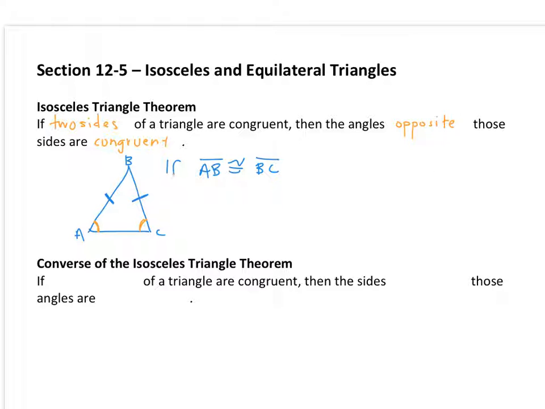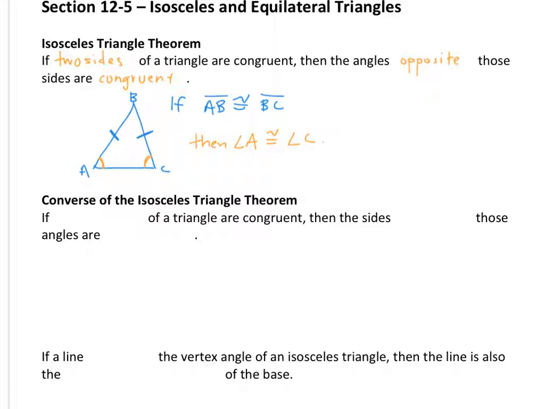So if AB is congruent to BC, then angle A is congruent to angle C. All right, so that is our first theorem on isosceles triangles.